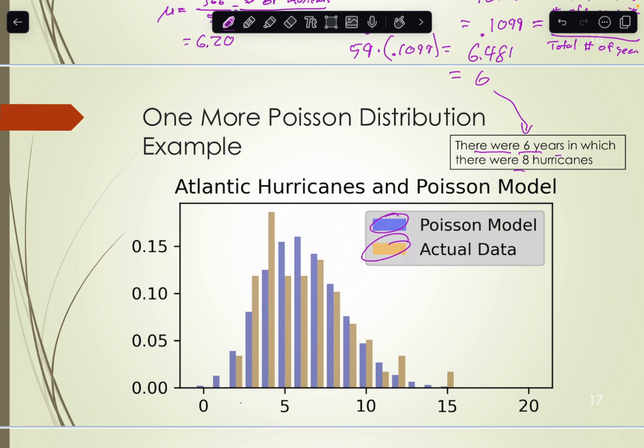See, so the gold is telling me what the actual data is, and the purple is telling me what Poisson would predict the frequency would be. So this is frequency here. I should have labeled this relative frequency. And this right here is number of hurricanes. Let's see. This one is 9, 8, 7.